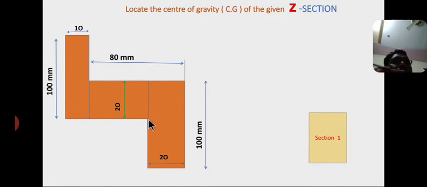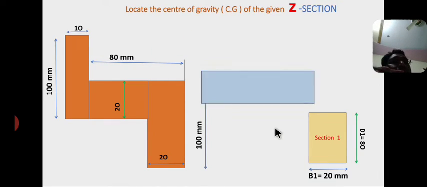So the height of the bottom rectangle is 80 mm, and the base of the bottom rectangle equal to 20 mm. So b1 equal to 20, d1 equal to 80. These are the dimensions for the bottom rectangle. Now I am considering the second rectangle.